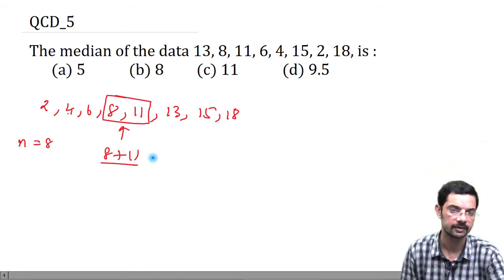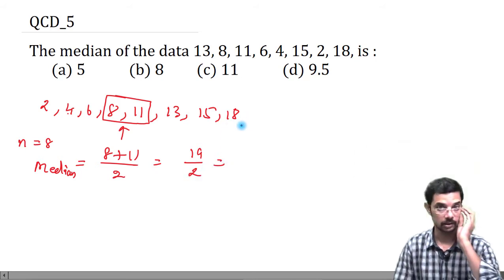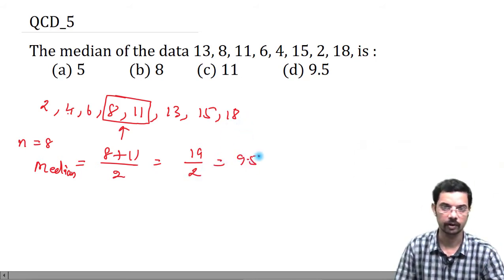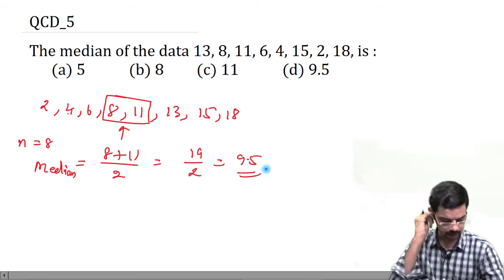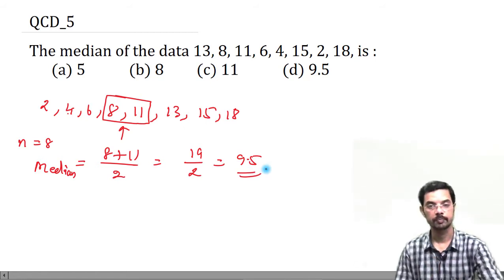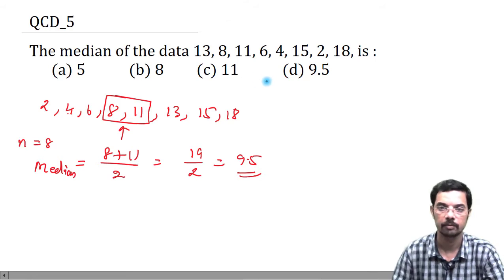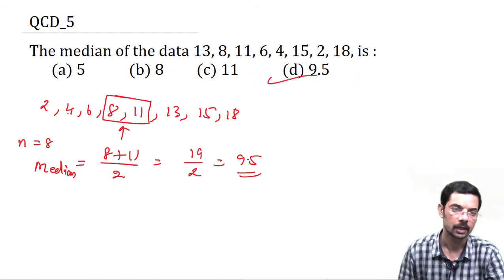That is equal to 8 plus 11 divided by 2, and that is our median. What is 8 plus 11? It is 19, divided by 2. 9 2s are 18. So it is 9.5. We have 9.5 as the median. Where is 9.5? Option D is your correct answer.